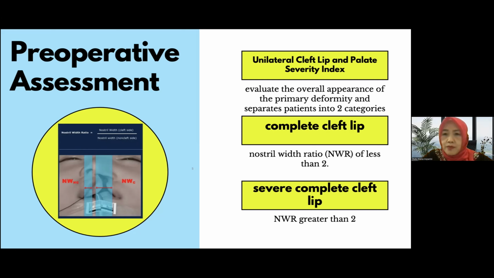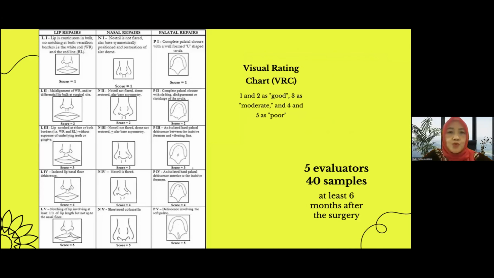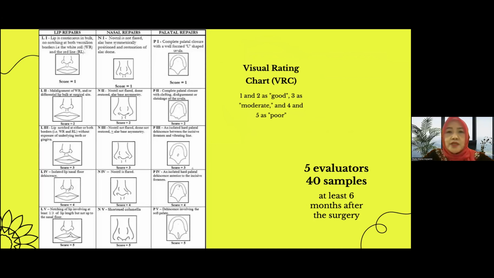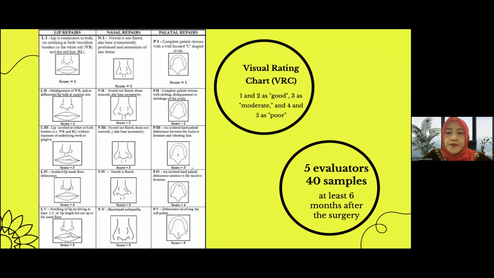Mild is complete cleft lip with a nostril width ratio of less than 2, and severe is complete cleft lip with a nostril width ratio greater than 2. In the visual rating chart, values of 1 and 2 are good, 3 is moderate, 4 and 5 are poor.